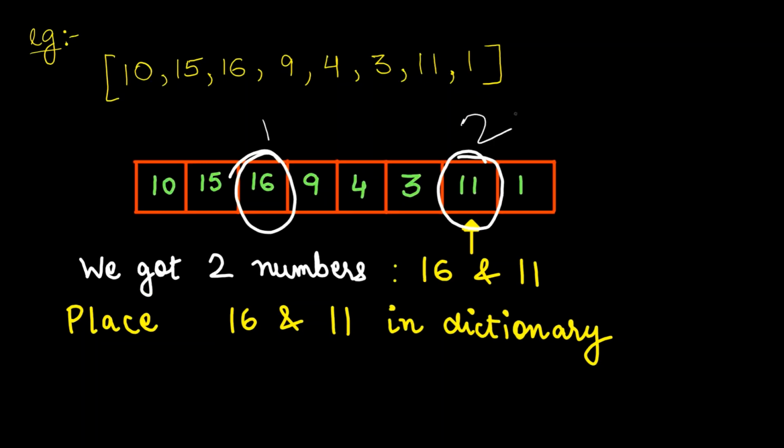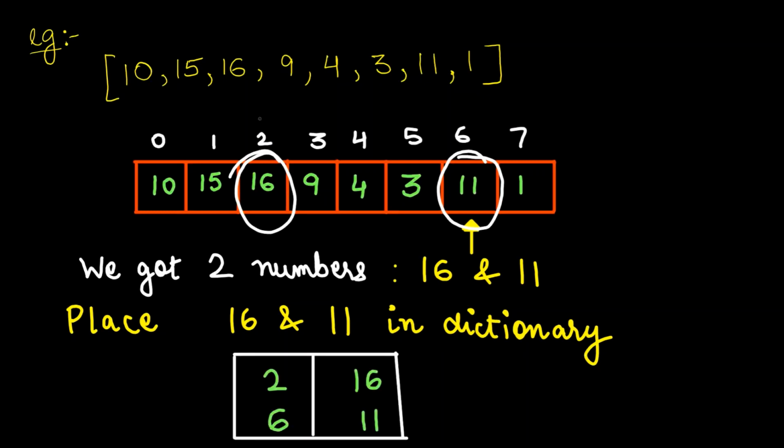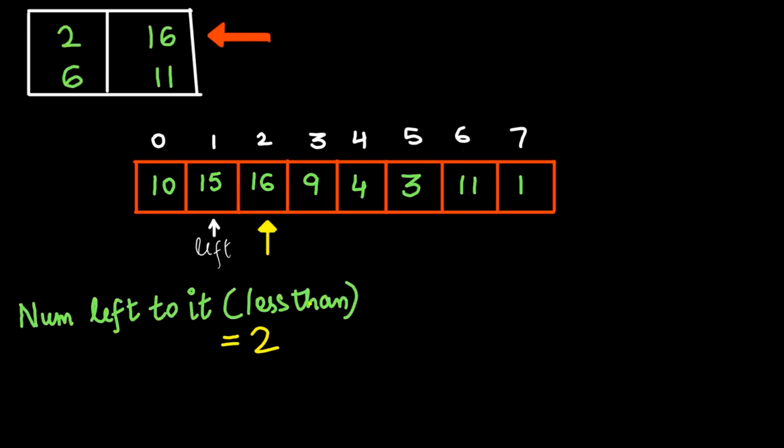Now we'll be keeping these two peaks in a dictionary data structure with respect to their index. On the second index we have 16. This is the key, and here we have the value in our dictionary. Now in the third step I need to check the deepness.